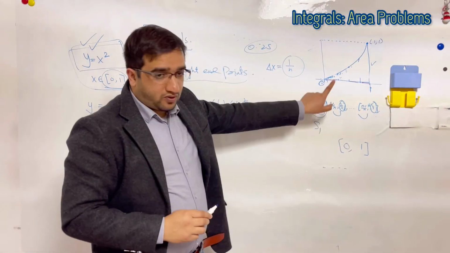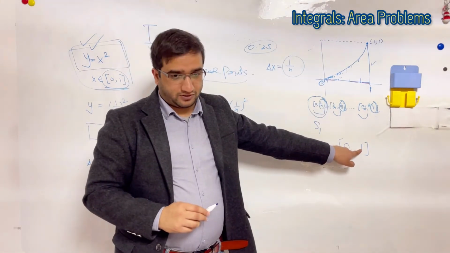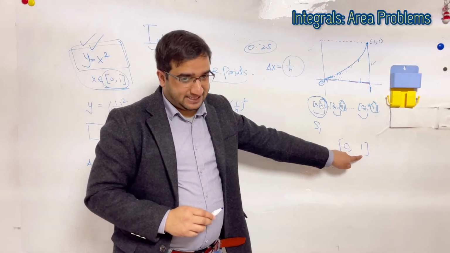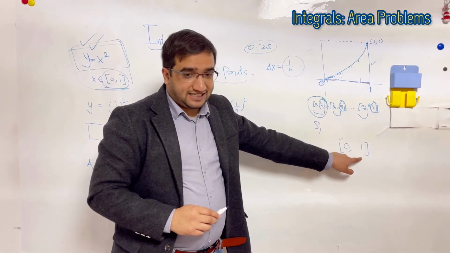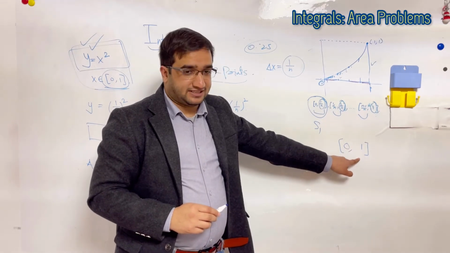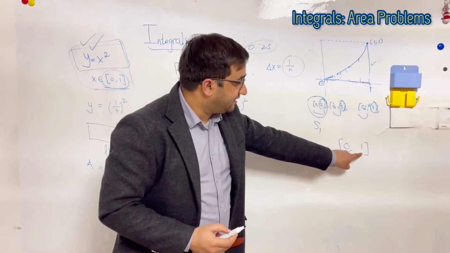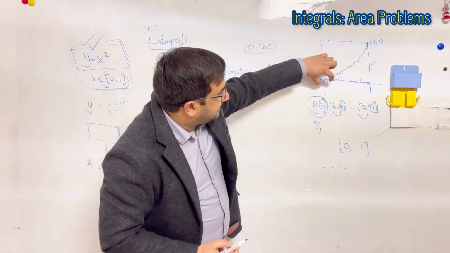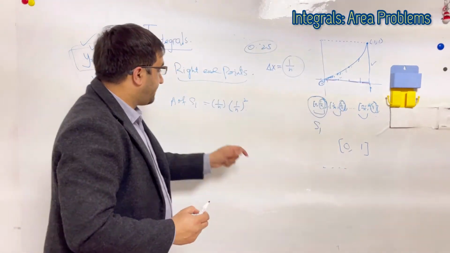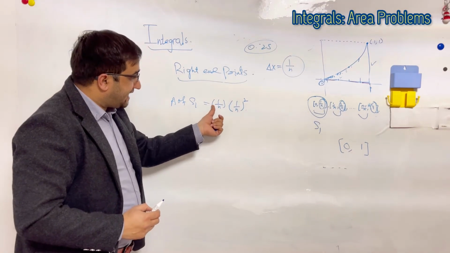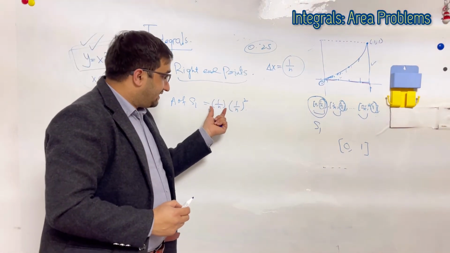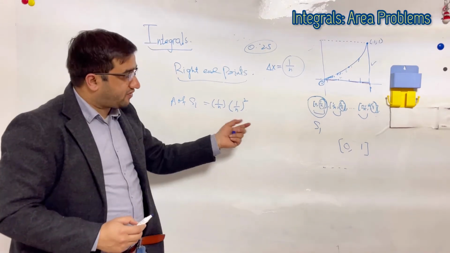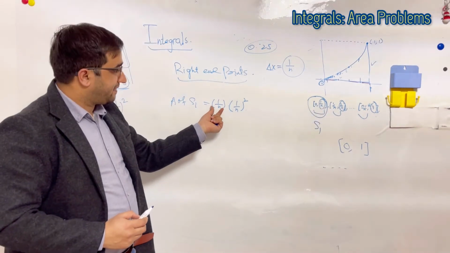When it was 4, I divided it by 4. If I take 10, I will divide 1 by 10. If I take 100, I will divide 1 by 100. If I take n, I will divide 1 by n. So that 1 by n is the delta x of the slice. Each part is width of 1 by n. This is fixed for all the slices, 1 by n.